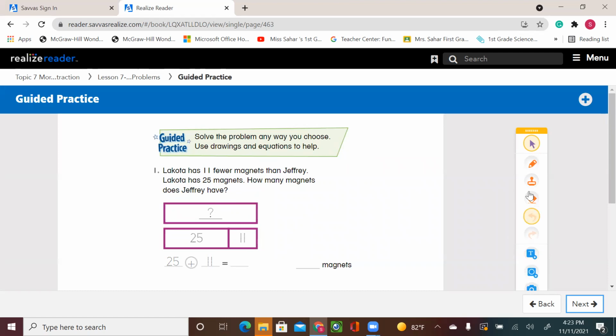So I can draw over here. I'm going to break my tens and ones. I'm going to write here tens, and then here I have the ones.